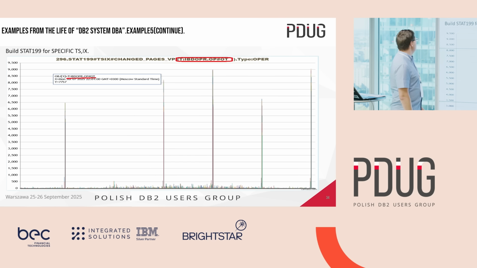Also, I build charts for a specific table space from the IDB OPR database. Also, sometimes the value grows and I go to the DSN statement cache, and also catch some SQL queries connected with these big values.